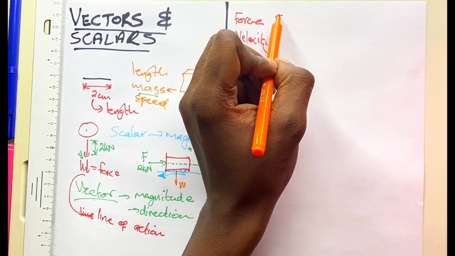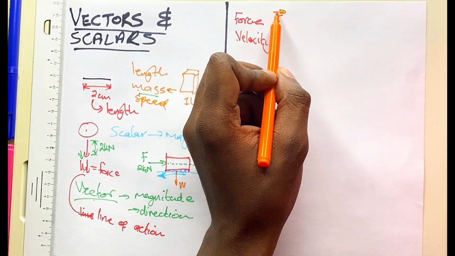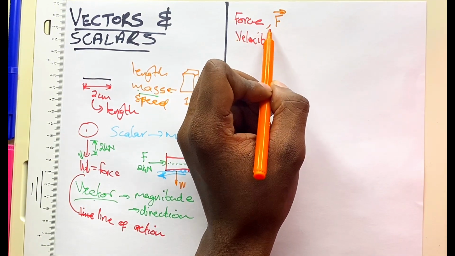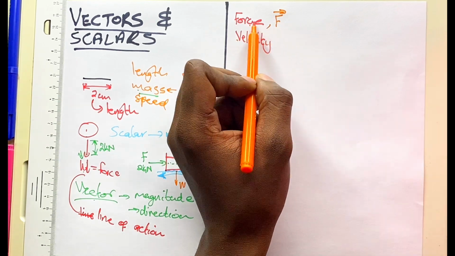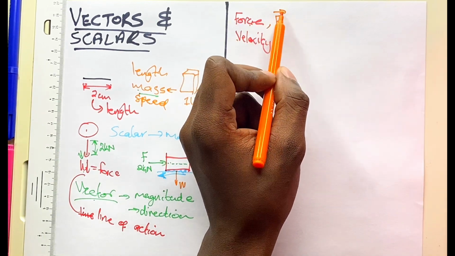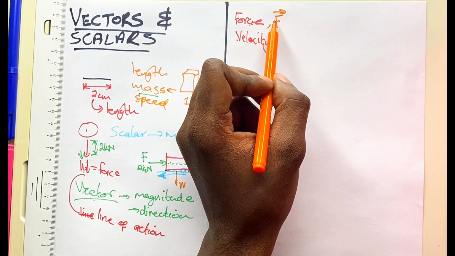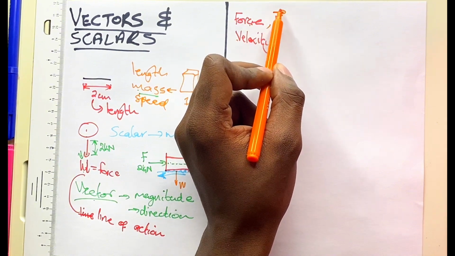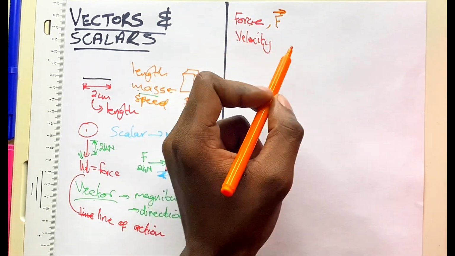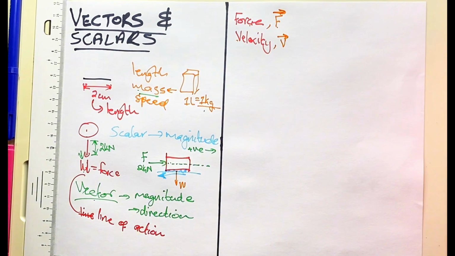Now, we are going to represent a vector quantity by putting an arrow on top of the variable that represents your quantity. So force is represented with an F. To show that we are talking about a vector quantity and not a scalar quantity, we are going to put an arrow on top. Just like velocity, we'll say V and then put an arrow on top.